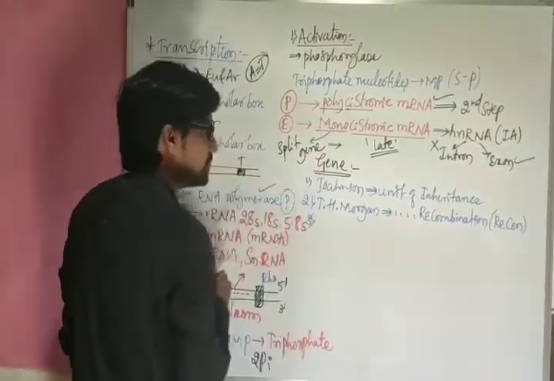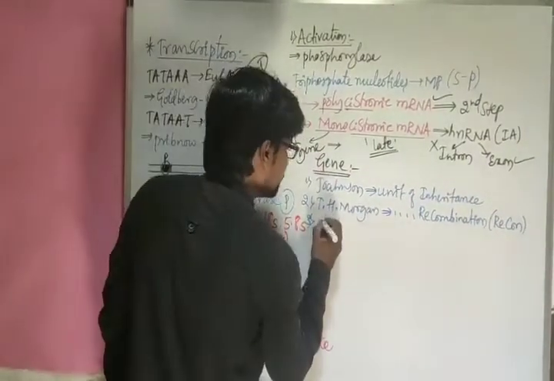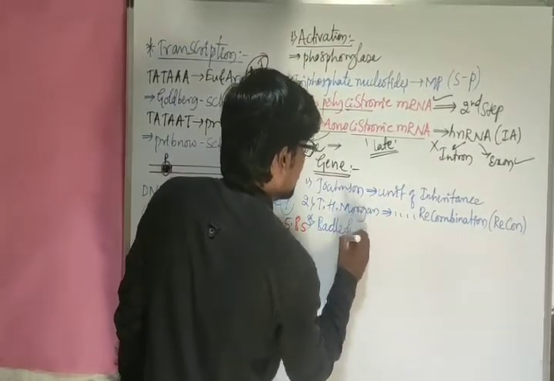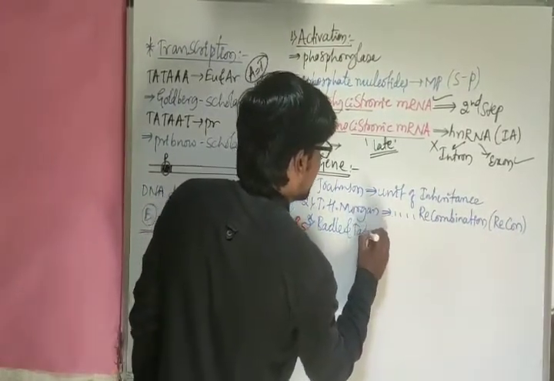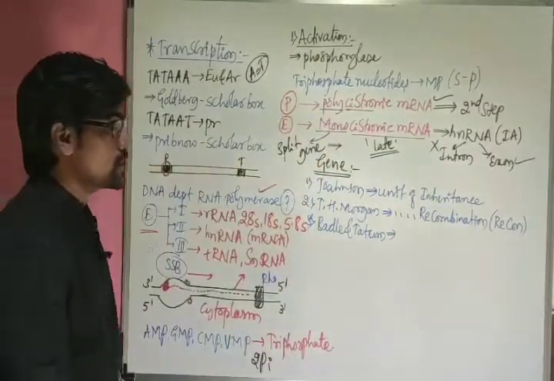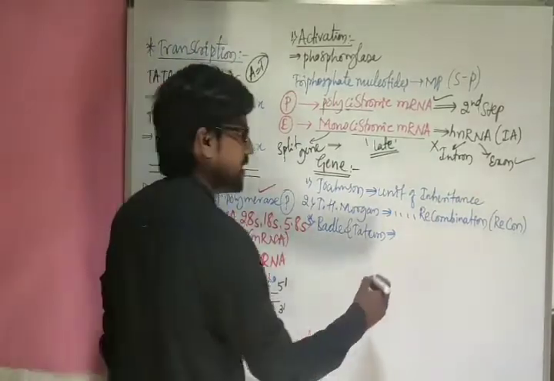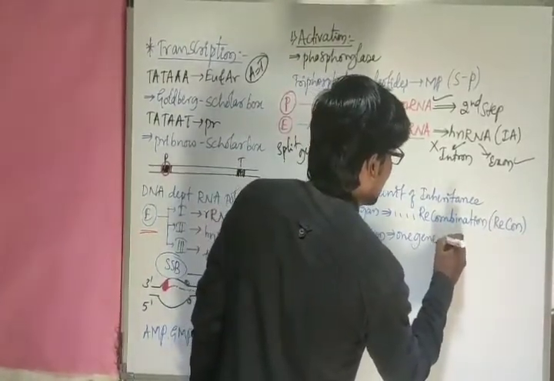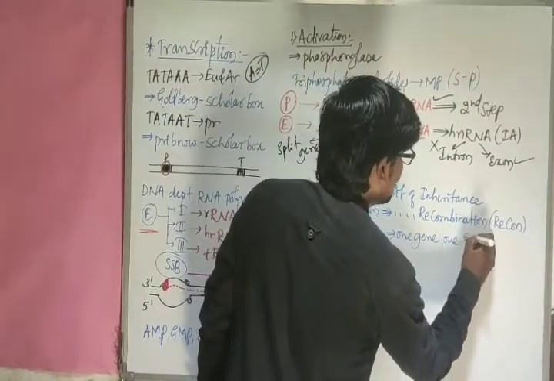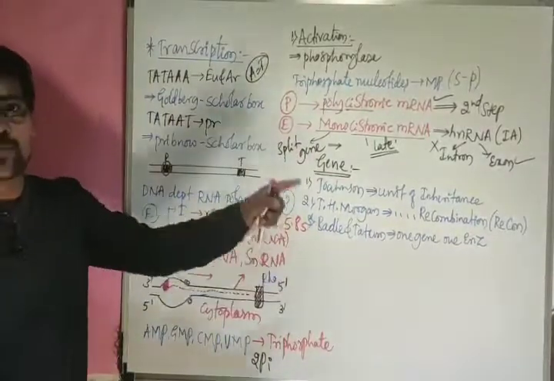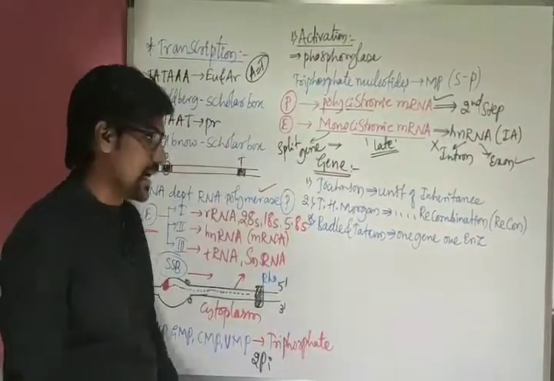And third, according to Beadle and Tatum, they gave one theory. What is the theory? One gene, one enzyme. According to them, one gene is responsible for the production of one enzyme.